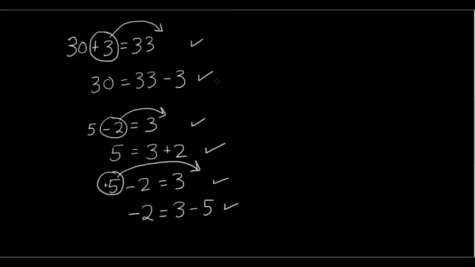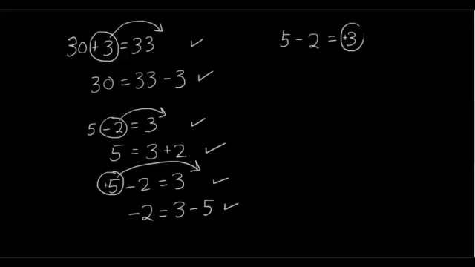So we can also move the term on the right hand side to the left hand side. So in this equation, if we have 5 minus 2 equals 3, and obviously the 3 is a positive 3.